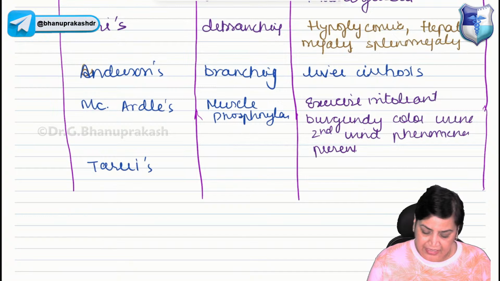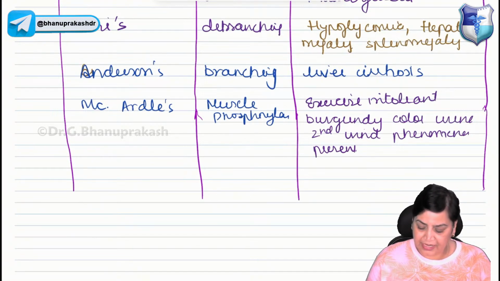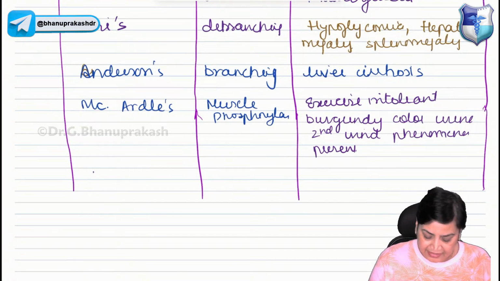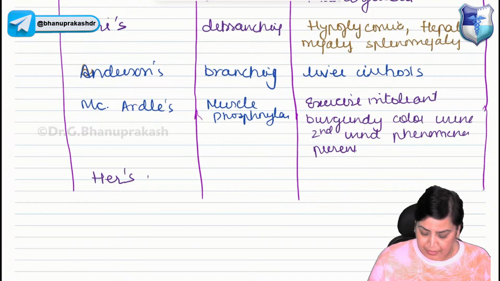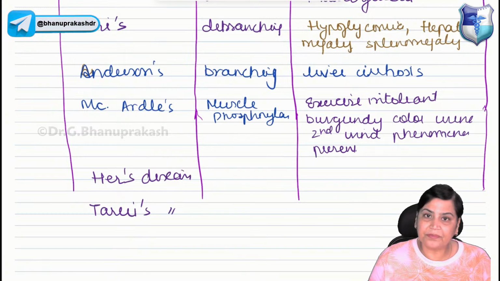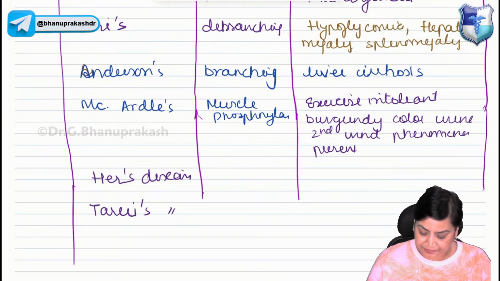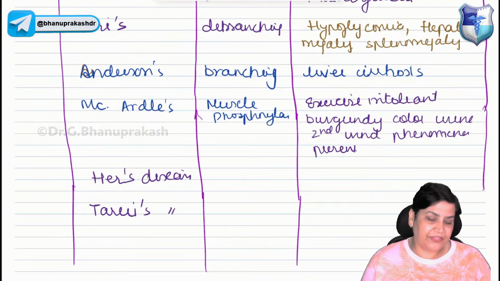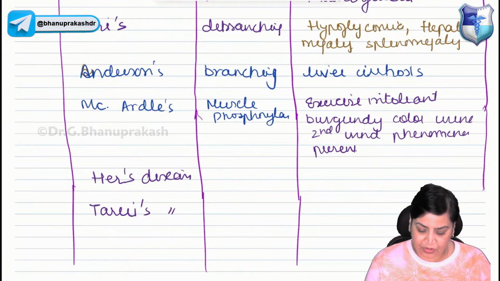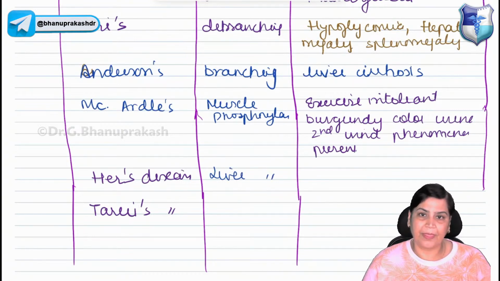Then after McArdle's, then is Hers disease. And after this is Tarui's disease. Okay? In Hers disease, what is the deficient enzyme? The deficient enzyme is, just as here it was muscle phosphorylase, so it is liver phosphorylase. Right?